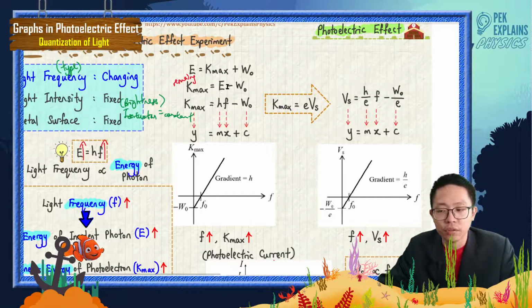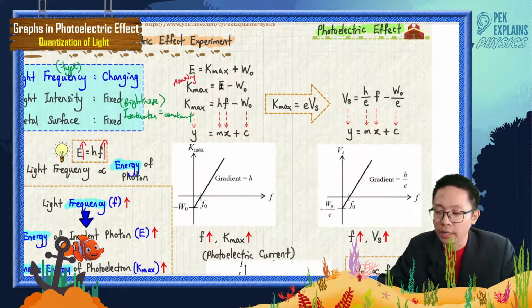After the photon overcomes the work function, that's the remaining energy on the ejected electron. That's the remaining energy on the electron.